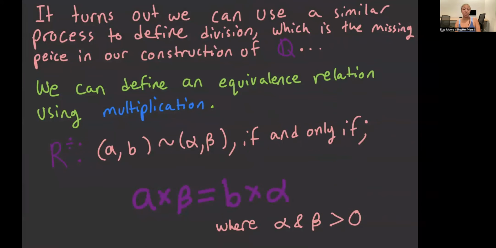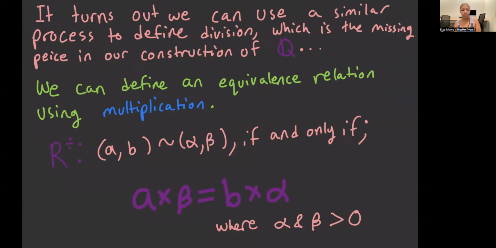So we can define an equivalence relation. Before, we defined an equivalence relation using addition; now we can define one using multiplication. I call it the division equivalence relation, also not standard, and I'm going to define it as a relation between two ordered pairs: (A, B) is related to (alpha, beta) if and only if A times beta equals B times alpha.